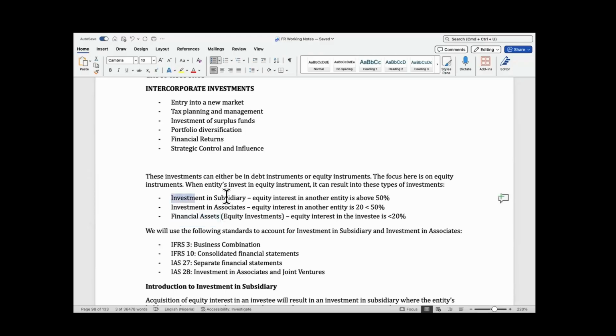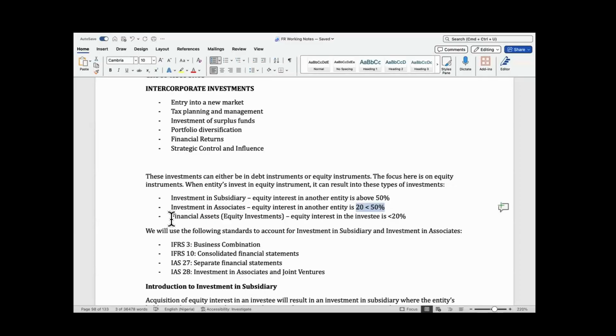So this investment in subsidiary is where your equity interest is above 50%. This investment in associates is where your equity interest in another entity is 20% or more, but less than 50%. So it's between 20 and 49.99999. It's not up to 50%.